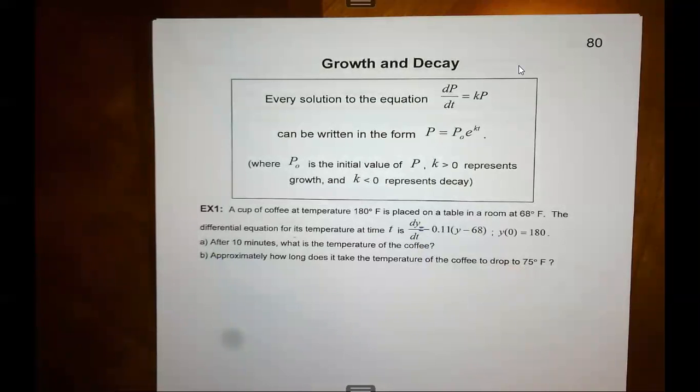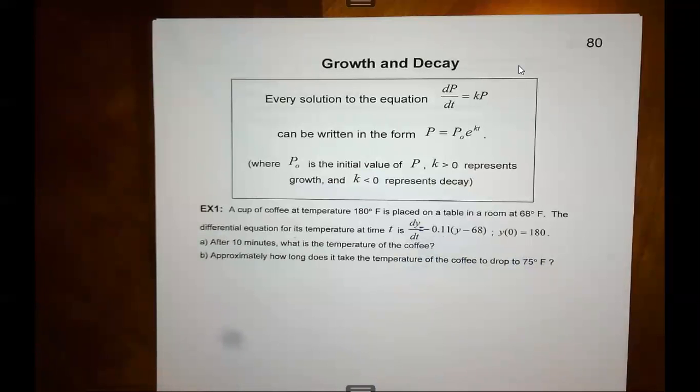And then it also tells us the initial condition that when t, or x in this case t, is 0, we get 180. So once we have taken the integral of both sides of this to get our equation, then we can plug this in to find our constant.